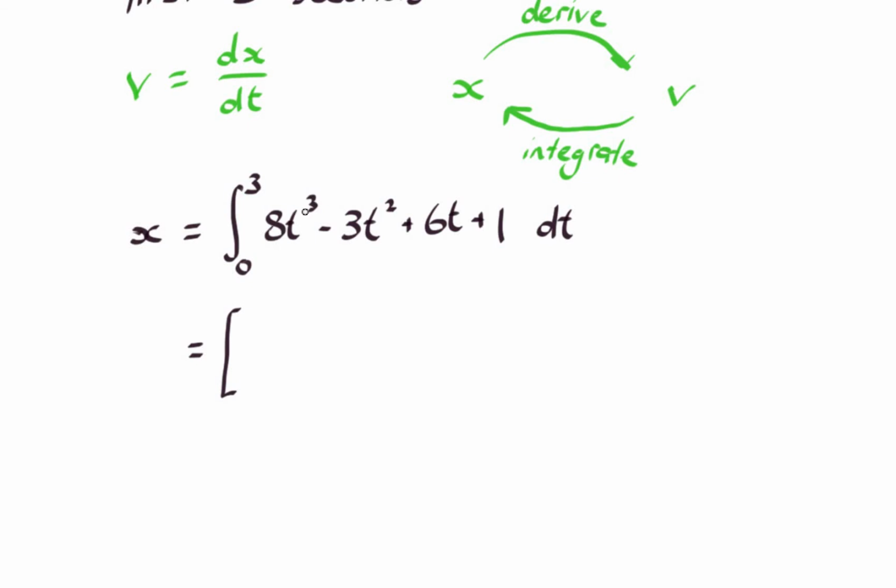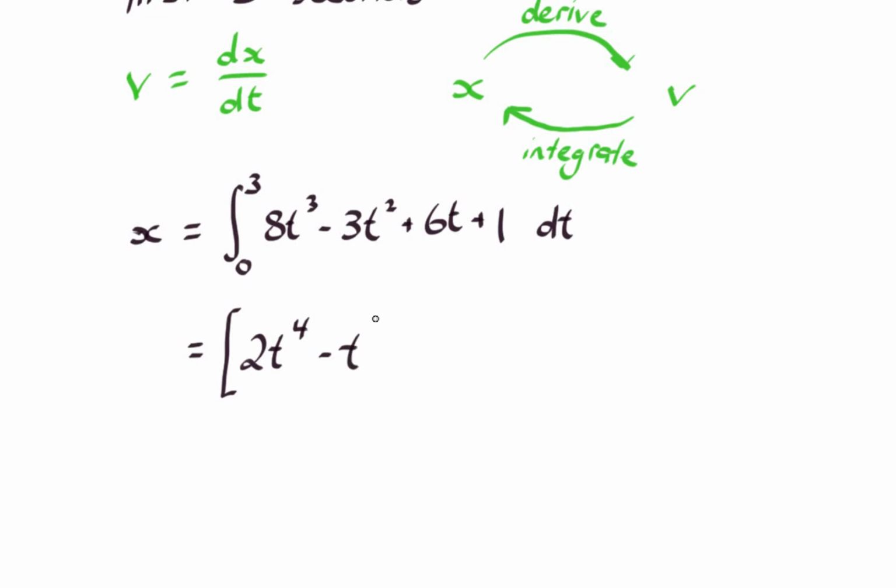8t cubed. If we raise the power, that gives us a power of 4, but 8 over 4 is just 2. Now just quickly double check this. If you derive it, the 4 comes out the front. 4 times 2 is 8. Drop the power by 1, that's 3. Next one, we are going to raise the power by 1, so that's 3. But when we put it over that 3, it'll cancel with this one.